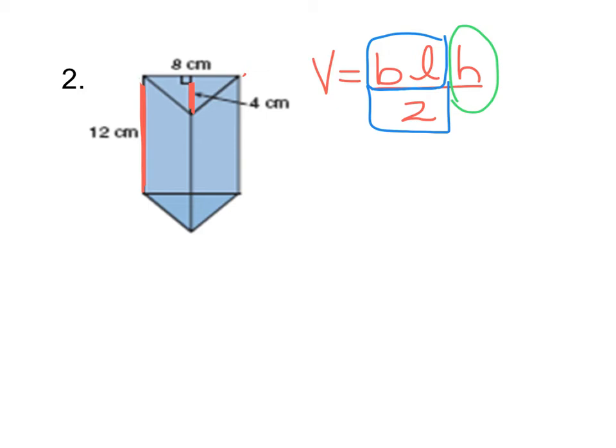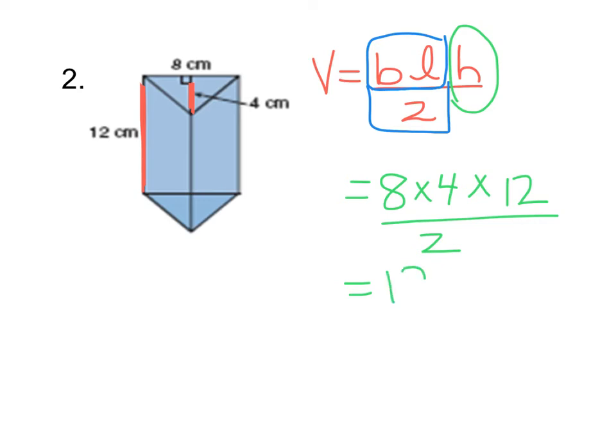Let me erase that so we can see it. 8 times the height of the triangle times the height of the prism, and then we divide all of that by 2. And that is 192. And again, this will be centimeters cubed.